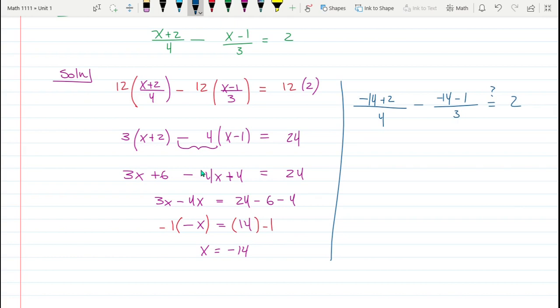So negative 14 plus 2 is negative 12 over 4 minus negative 15 over 3. Negative 12 over 4 is the same thing as negative 3. And negative 3 minus negative 5, is that equal to 2? Negative 3 plus 5 becomes 2. And it's a true statement.